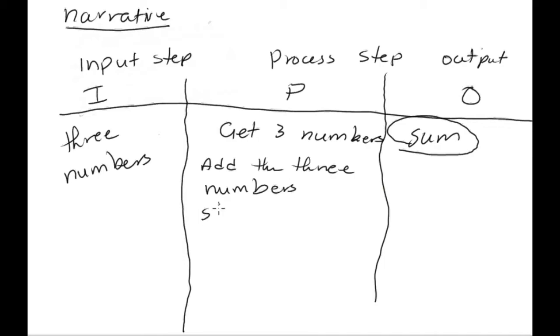Then I store the result. Now this is where the assignment comes in. So I'm going to store the result in a variable called sum, S-U-M. This is my variable name. And then I display the sum as my output.